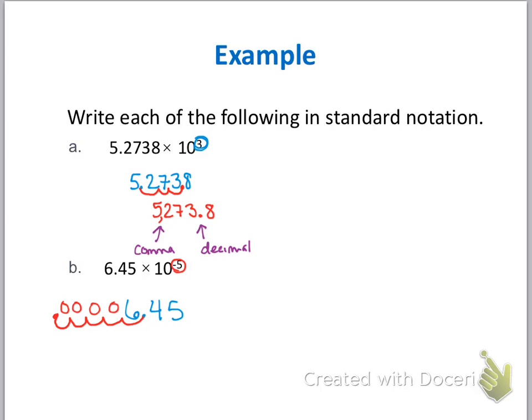So I need to add 4 zeros in front of that 6. Now, most people more professionally accept a 0 in front of the decimal. So the best answer would be this one here.